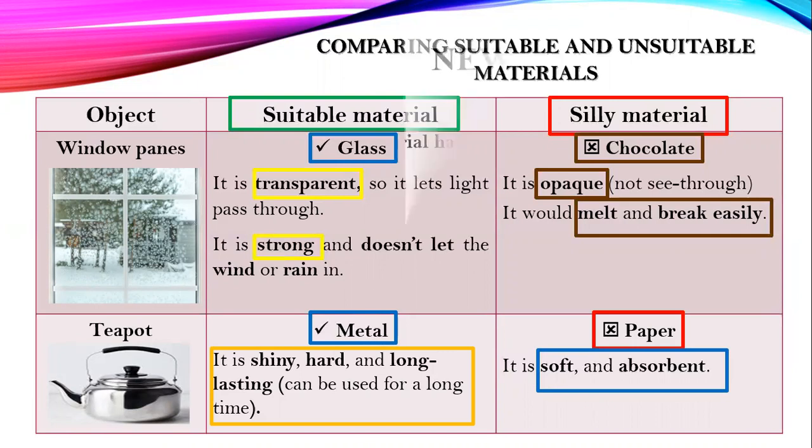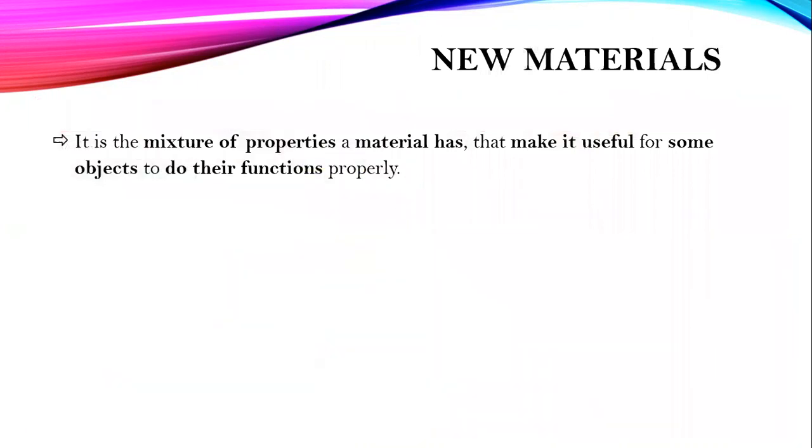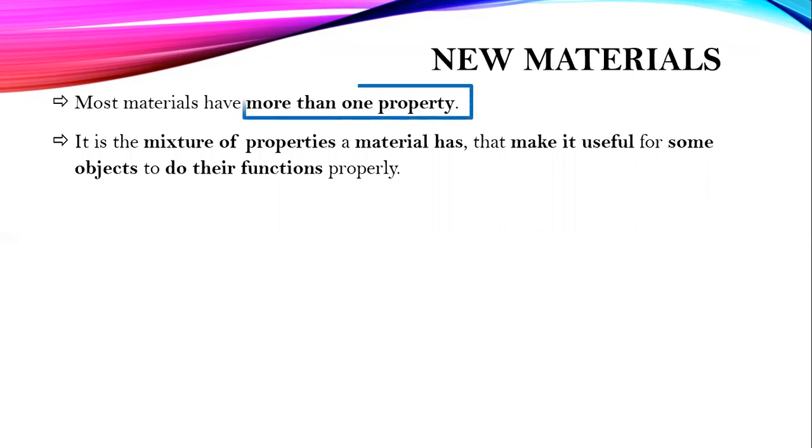Very good. What about new materials? Scientists found out that most materials could have more than one property. As we said in our last session, glass is a hard material, and at the same time, it's a weak material.